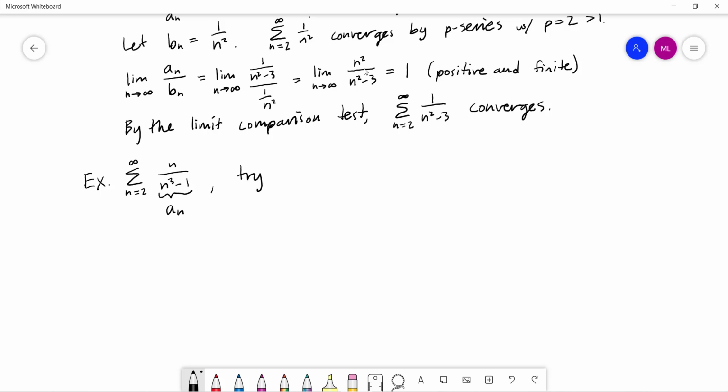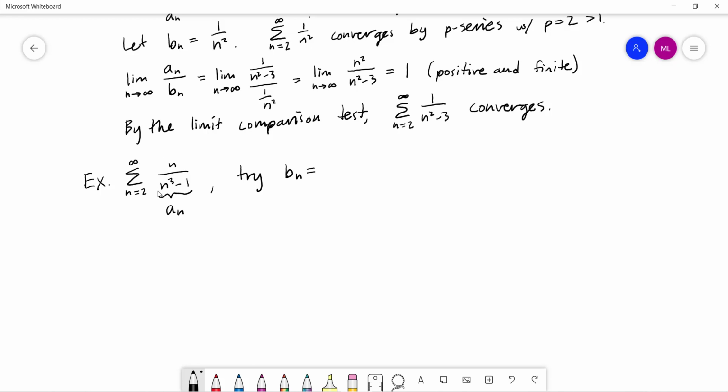So let's try a b sub n that we know the behavior of. Looking at this, again, as n starts to get large, so as we continue to add terms way down the line, this whole thing is going to start to look like essentially just n over n cubed, because the minus 1 is going to become inconsequential for large values of n.